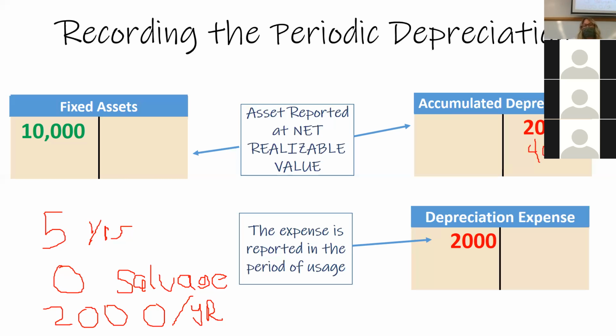Anytime we record a transaction, to make the dual entry accrual based accounting system work, we always have a debit and we always have a credit. Since accumulated depreciation is always a credit, this would be our year 2 total. The offsetting depreciation expense has to be a debit. Did that help? Yes, it did. Thank you. All right.